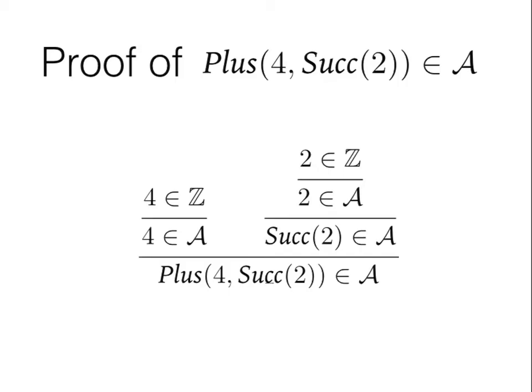If you can construct a tree that concludes with the thing that we're trying to show, and you can verify that each one of these is an instance of those rules, then that's proof that this is an expression.